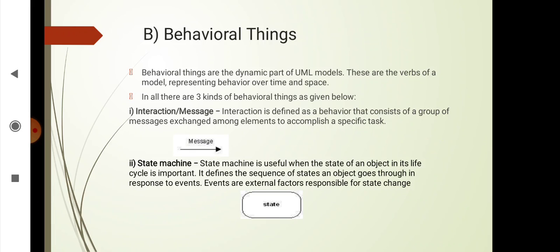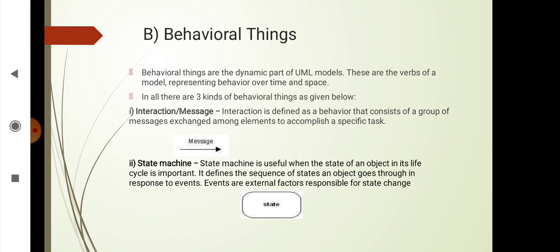Then first is message. An interaction is a behavior that comprises a set of messages exchanged among a set of objects or roles within a particular context to accomplish a specific purpose. An interaction is defined as behavior that consists of a group of messages exchanged among elements to accomplish a specific task.